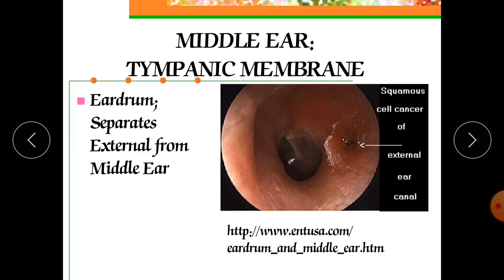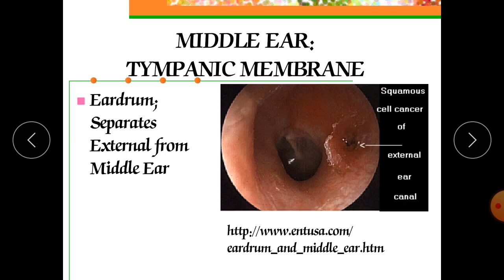Near the exterior opening, the external auditory canal contains a few hairs and specialized sweat glands. At this point you will find a few hairs, and it is also supplied by specialized sweat glands called ceruminous glands.